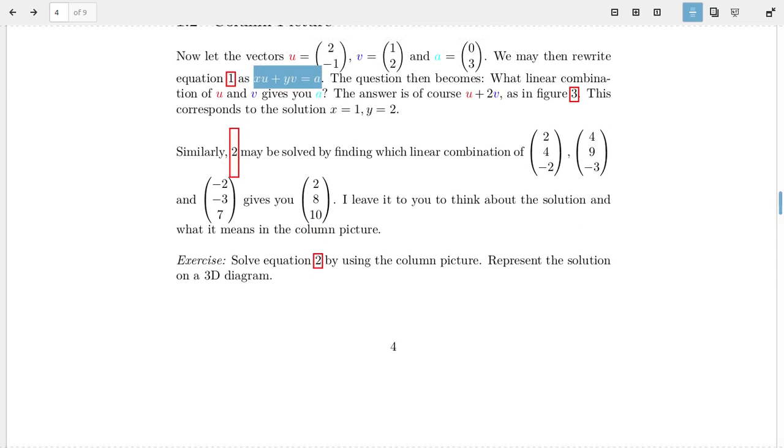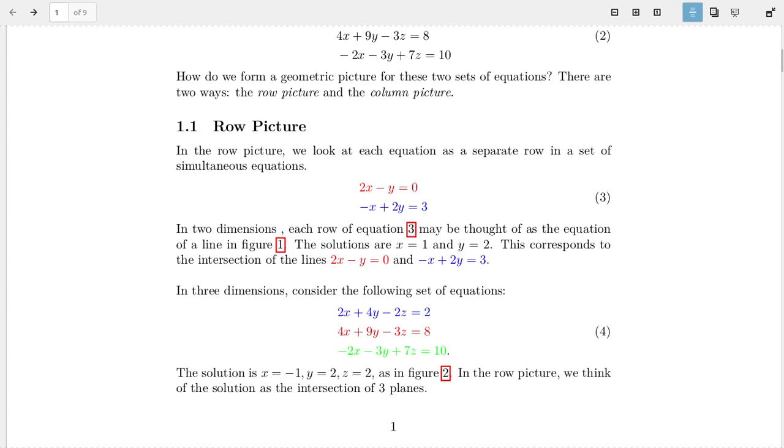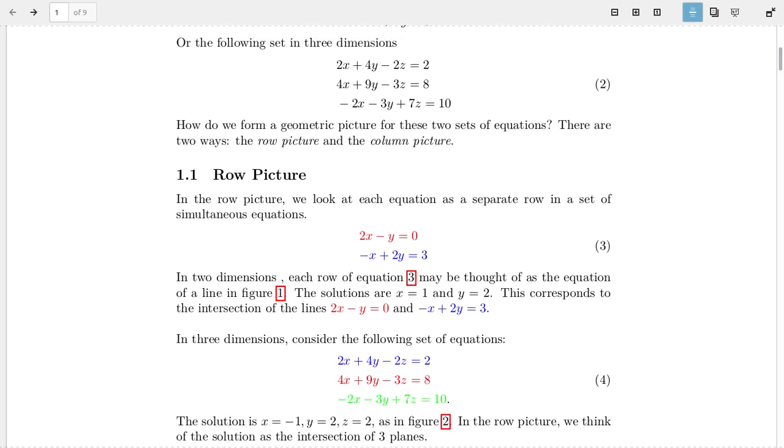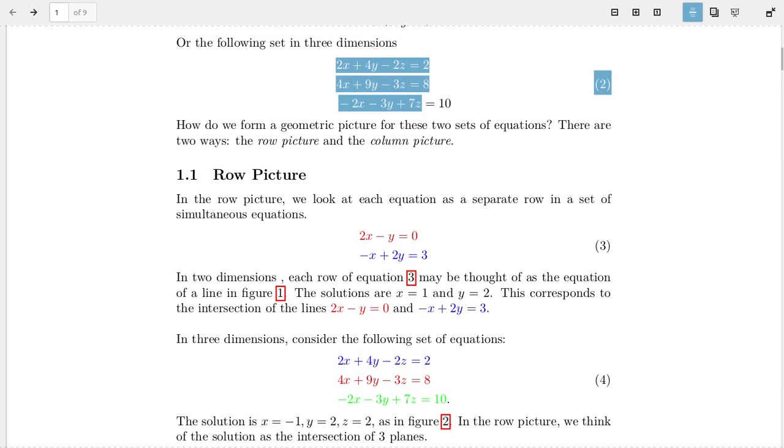Similarly, we can use the column picture for equation 2. In equation 2, remember you have 3 variables and 3 equations. So our columns are going to be 2, 4, minus 2; 4, 9, minus 3; and minus 2, minus 3, 7.